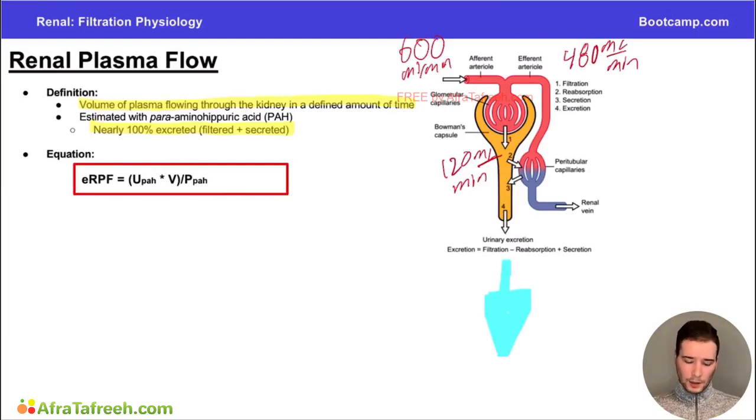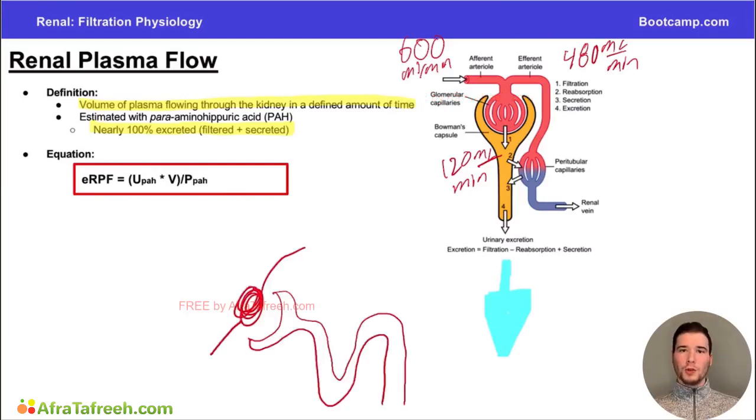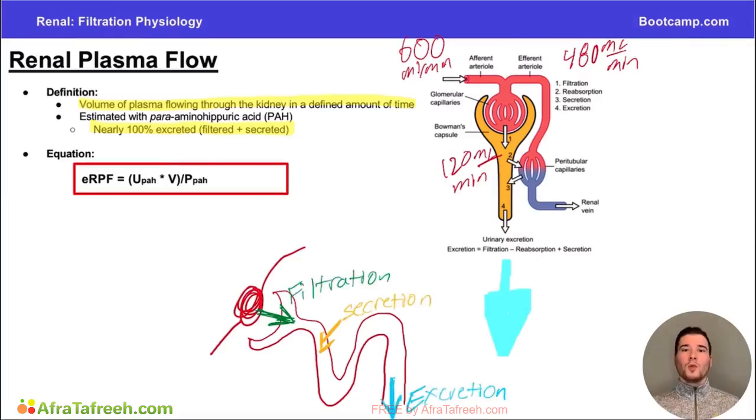So if I draw my glomerulus and Bowman's capsule again, I'll use a green arrow for GFR, which is the filtration right here, and then I'll use an orange arrow for my secretion. Remember, we said secretion is when things go from in the body into the tubule to overall be excreted, which I'll use a blue arrow for excretion. So why is this a good molecule to estimate renal plasma flow?